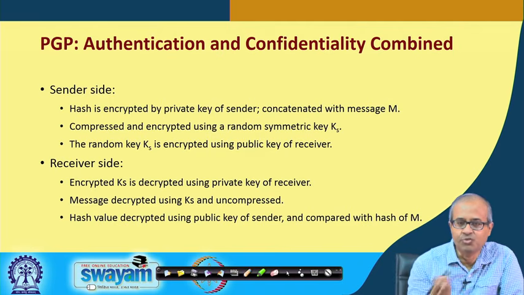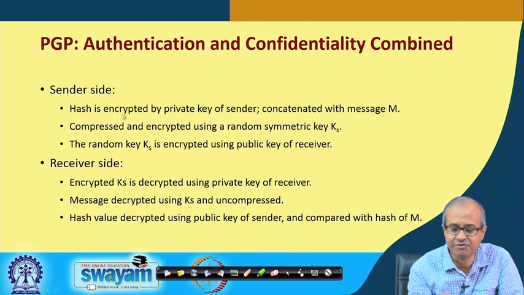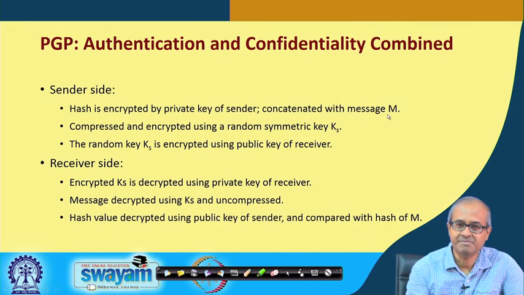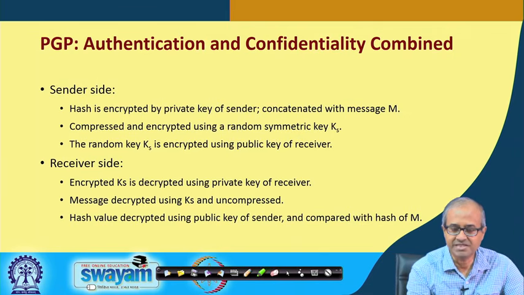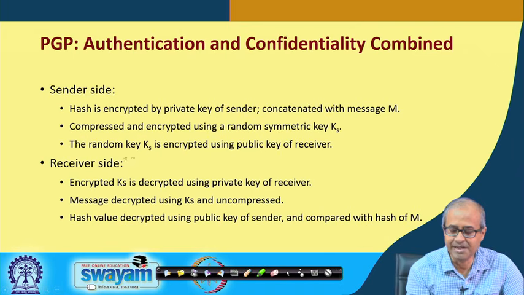Like on the sender side, you can compute the hash of the message, encrypt the hash value by the private key of the sender for authentication, concatenate with message M, just like what you did for authentication. You compress it, encrypt using random symmetric key, just like what you did for confidentiality, and the random key itself is encrypted using public key of receiver.